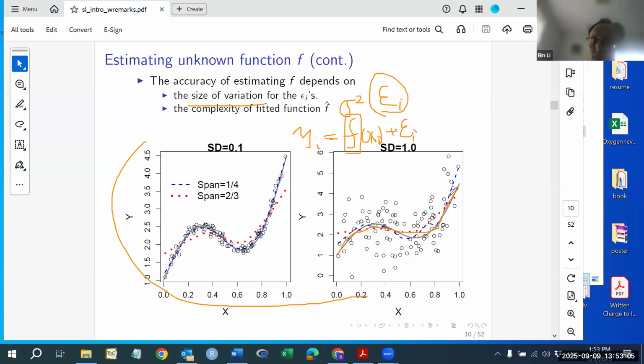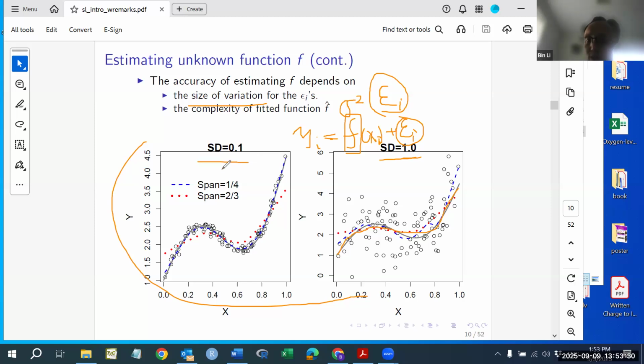So the difference between these two settings is that this one has the epsilon generated from a normal distribution with the variance equal to 1. That's the standard deviation also equal to 1. Okay, but this one has the standard deviation 0.1. So that means the variance is 0.01.